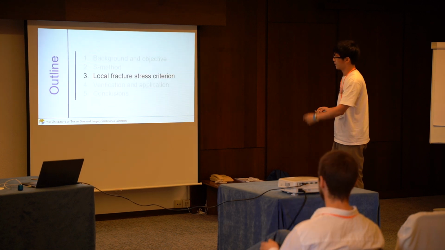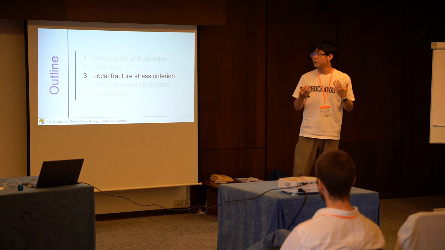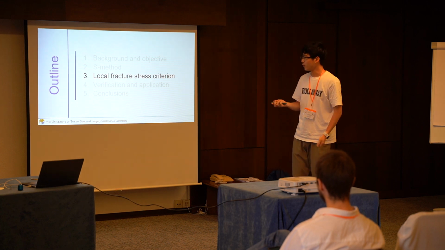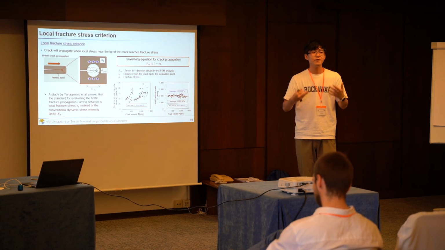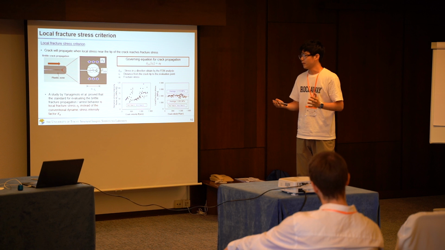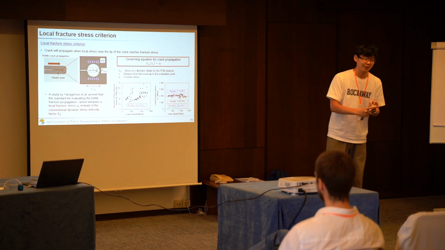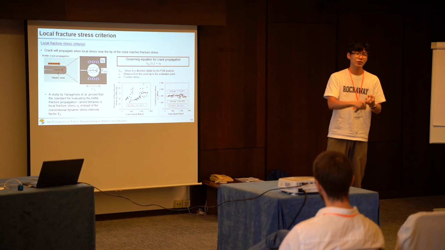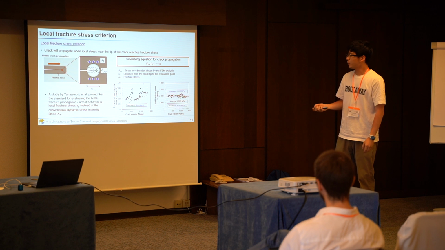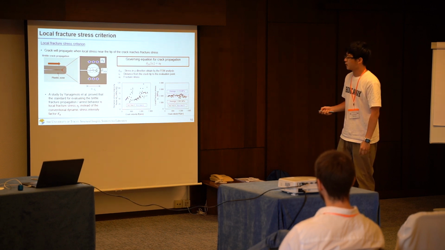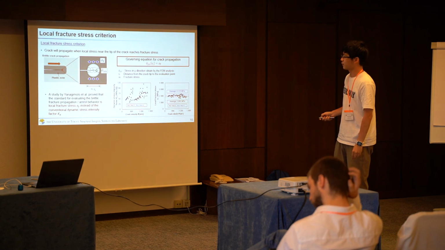Next, the local fracture stress criterion is a very important theory for our model, so I will introduce it. In conventional fracture mechanics, most researchers prefer to use parameters like stress intensity factors or the energy release rate. But in brittle crack propagation problems, you can see here, this is the dynamic stress intensity factor for the brittle crack.